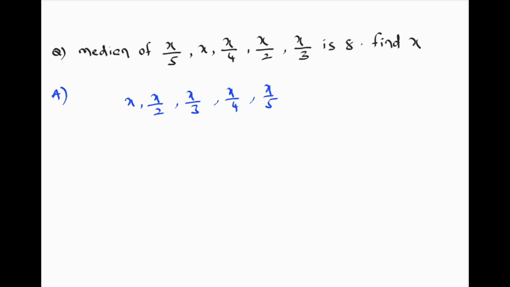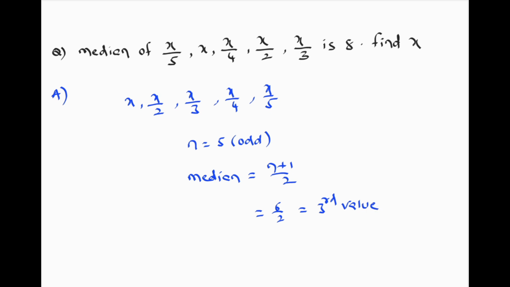Now what is the n value there? n is equal to 5, an odd number. So the median will be (n plus 1) by 2, so 6 by 2, that is the third value. What is the third value there? The median is x by 3.